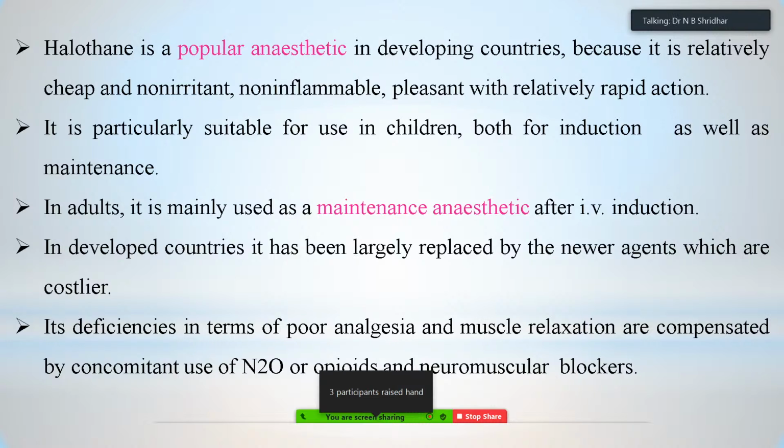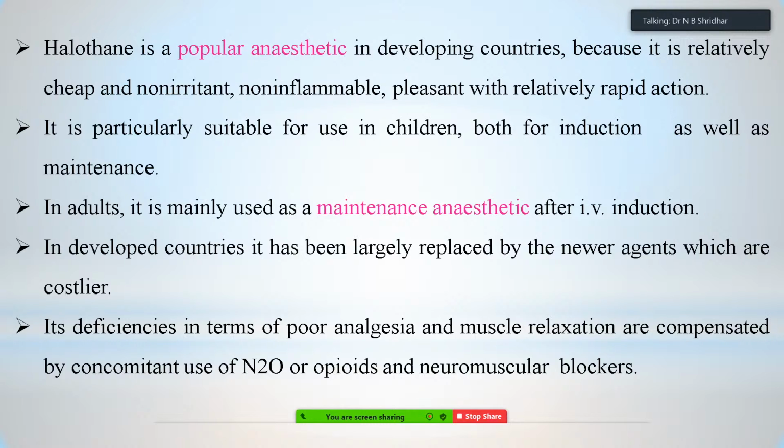Halothane is a popular anesthetic in developing countries because it is relatively cheap, non-irritant, non-inflammable, pleasant in smell and relatively rapid in action. So it is particularly suitable for use in children, both for induction as well as maintenance. Dantrolene is used for the treatment of malignant hyperthermia.